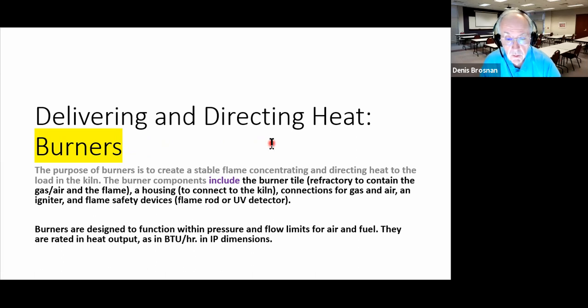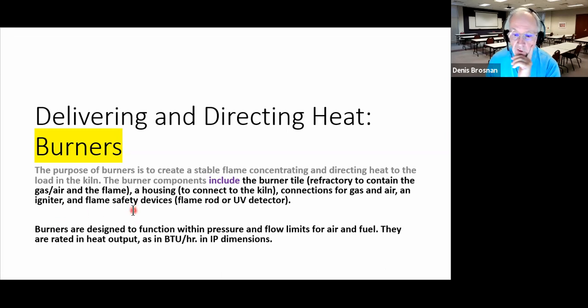There's going to be a metal housing that allows us to connect that burner to the kiln or furnace shell, the outside of the kiln. We're going to have connections for gas and air supplies. We're going to have an ignition device, and we're going to have flame safety devices.